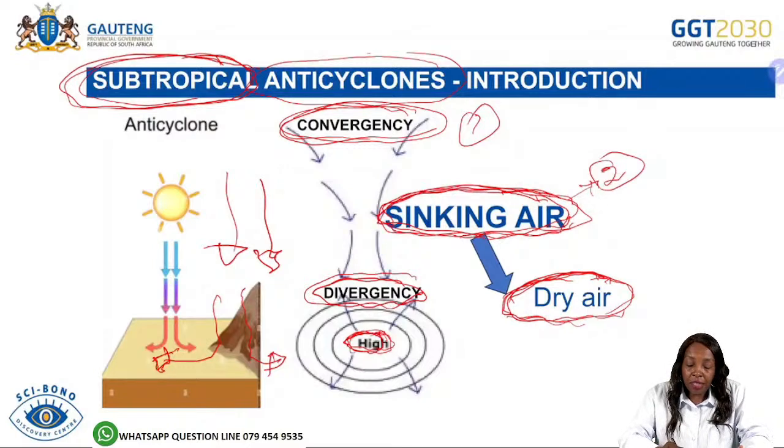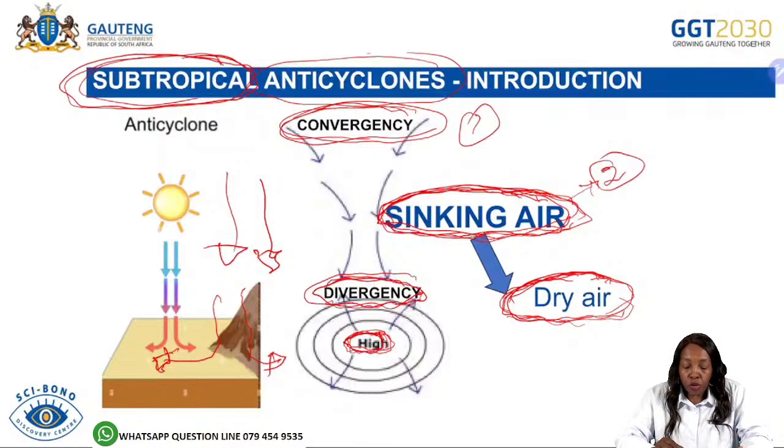The air that is sinking is dry. It is because it's from the higher altitudes of the atmosphere, and it has lost moisture. So now it is dry. As it sinks, it would reach the lower levels of the atmosphere, and the movement of air there would be surface air divergence, which results in the development of these high pressure cells.